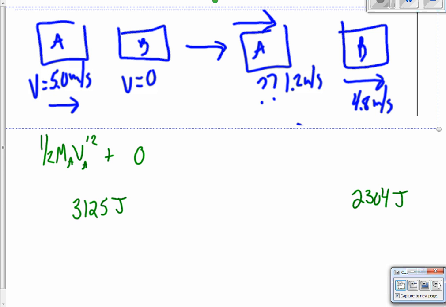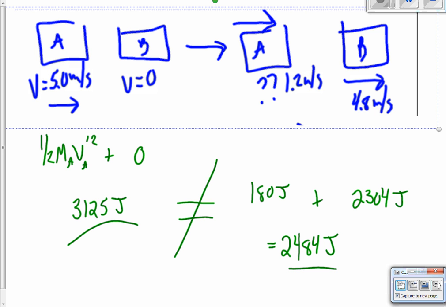And then car A, which needed enough momentum to balance out these sides, we've got 0.5 times 250 times 1.2 squared, which is 180, only 180. It's only about 2,500 joules. We started out with 3,125. So they are not equal. So this must be an inelastic collision.